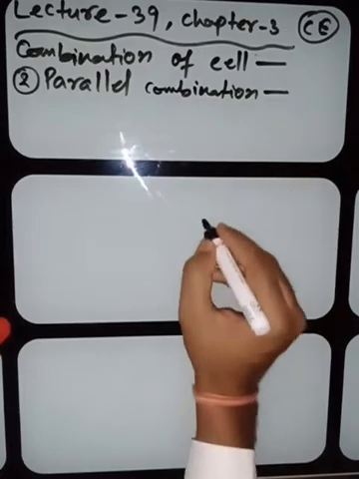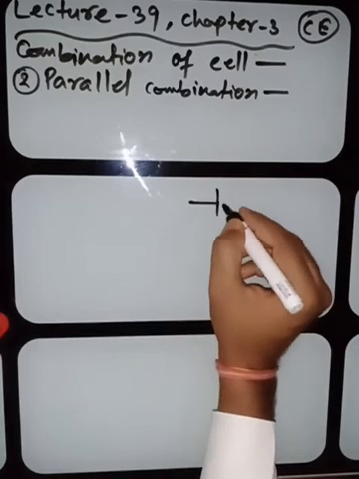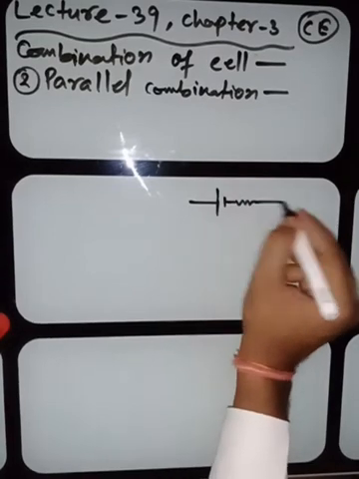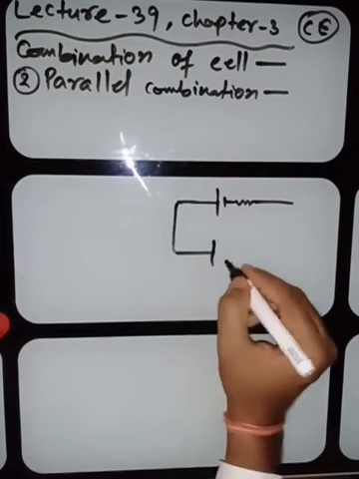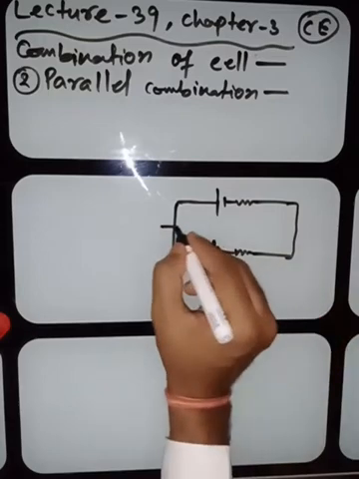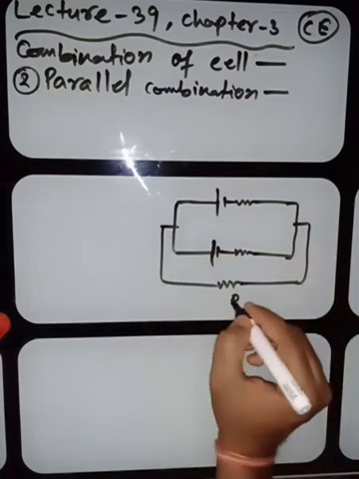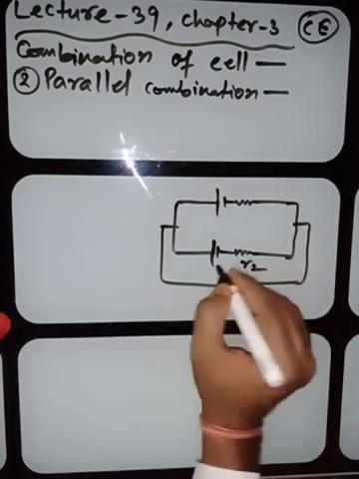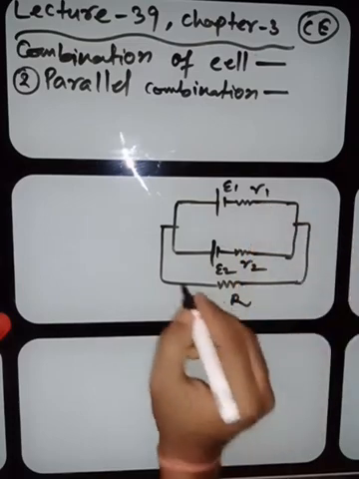First we will draw the circuit. We are using this space because the circuit will be a little larger. Another cell, and it is connected with load resistance R, R2, E2, E1, R1. What will happen?